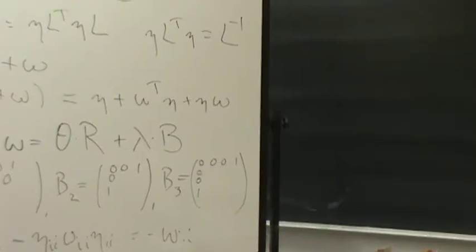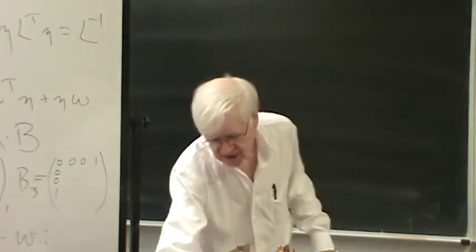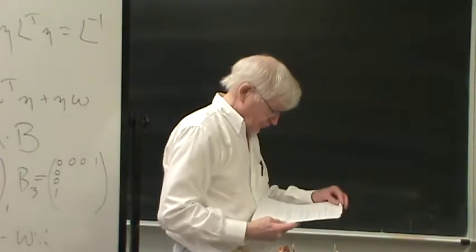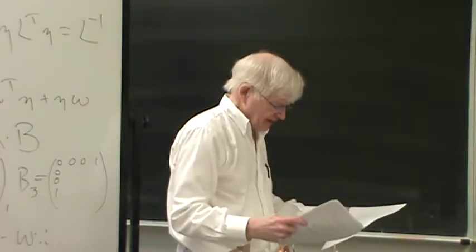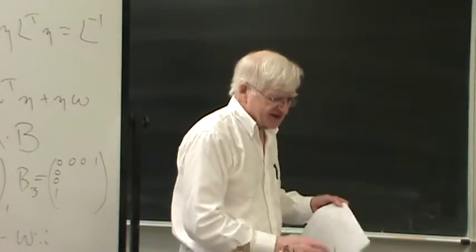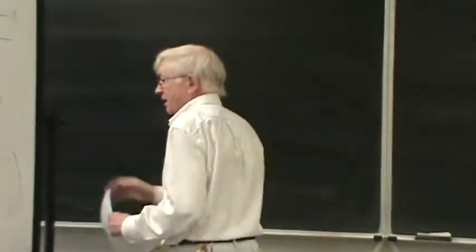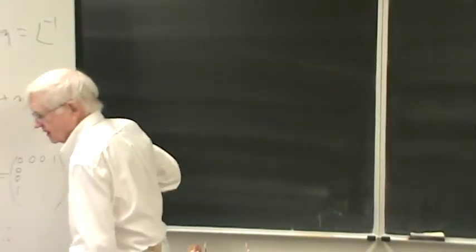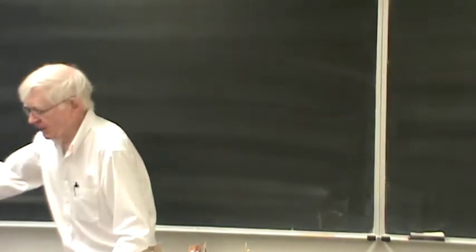Good point. All right, so those are the Lorentz matrices then, and now here's the remarkable thing. You might think that the representations of the Lorentz Group are very complicated.